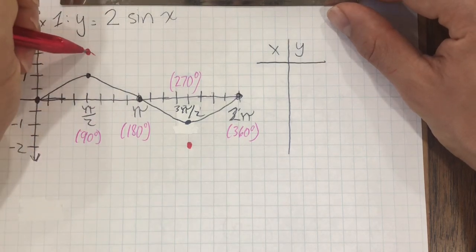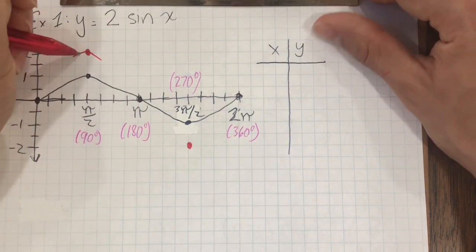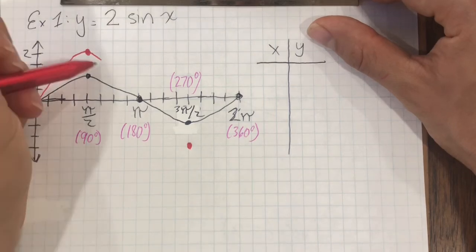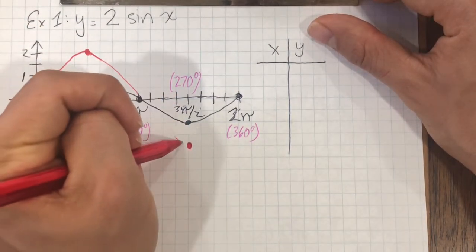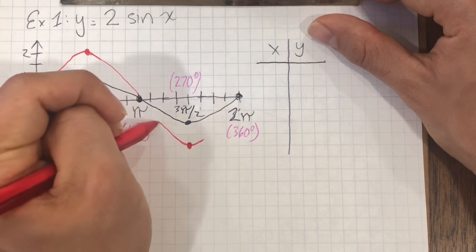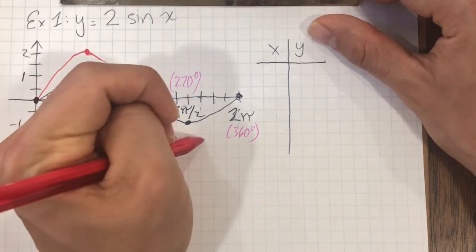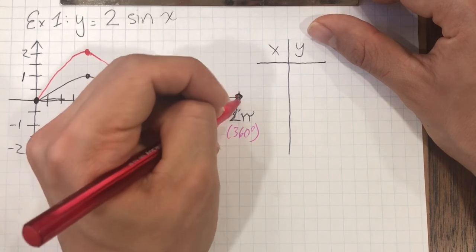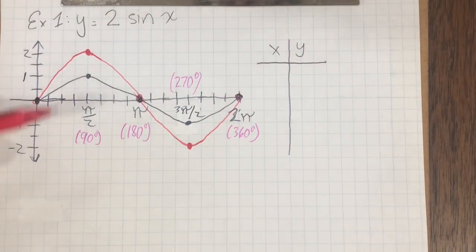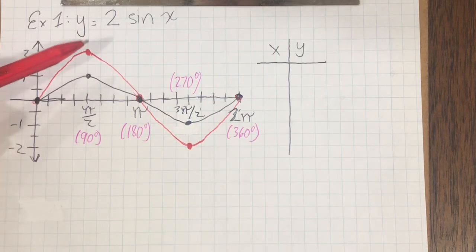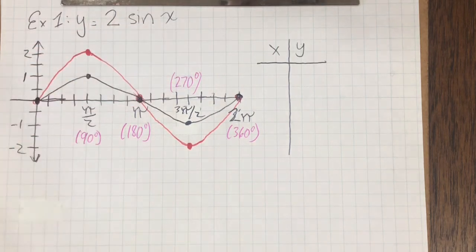I'm going to make a curve in the middle and then connect it over here. And then the same thing for the minimum point, connect it to the points on the midline. The red represents my graph for y equals 2 times sine of x.